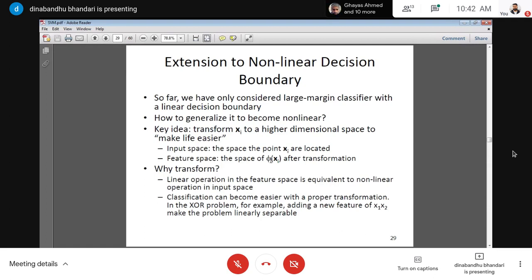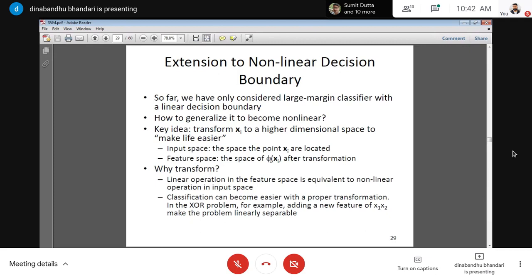Okay. Anyway, let us complete the important part of the SVM, the support vector machine. So how to model SVM for non-linearly separable data? Yesterday we saw one model, the soft margin concept.